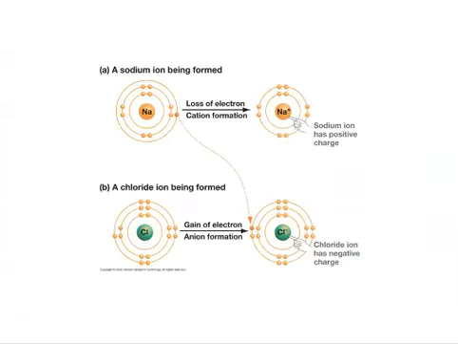On this slide, we're looking at a drawing of what happens when sodium and chloride come together and form an ionic bond. If you start at the top left-hand side of the slide, you're looking at a sodium atom. You can see in the center a depiction of its atomic nucleus.